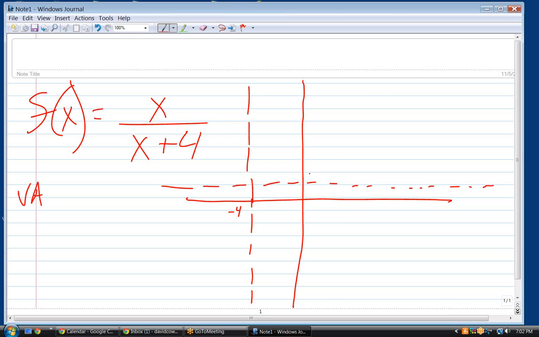So there's our starting grid: x equals minus 4 is the vertical, and the horizontal asymptote is y equals 1.